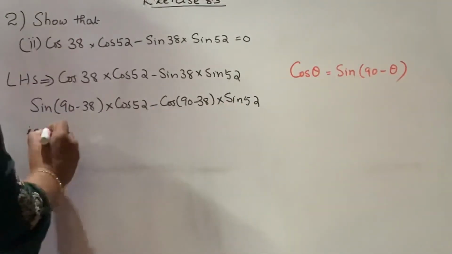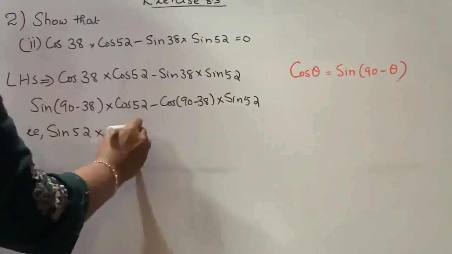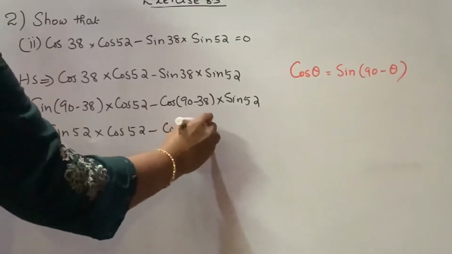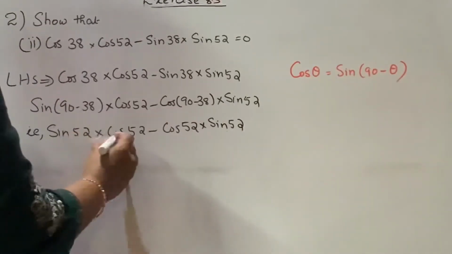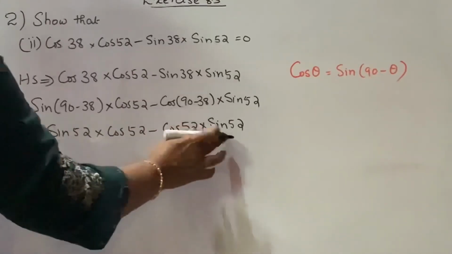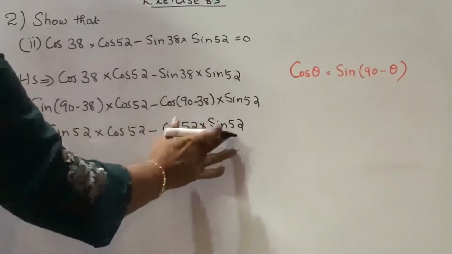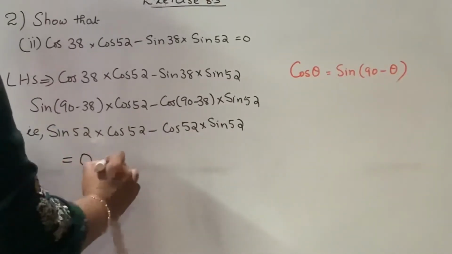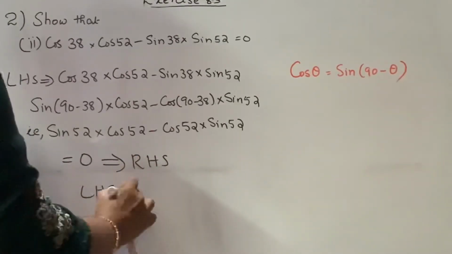That is sine 52 into cos 52 minus cos 52 into sine 52. Same expressions are sine 52 cos 52. Here also sine 52 cos 52. So you will get here 0. This is our RHS. So LHS is equal to RHS.